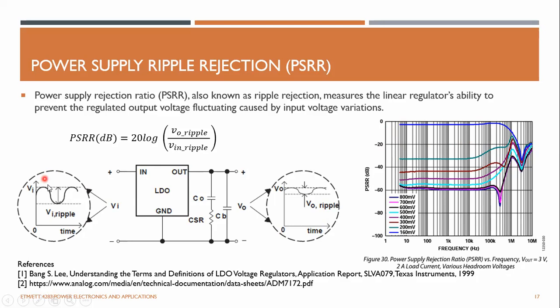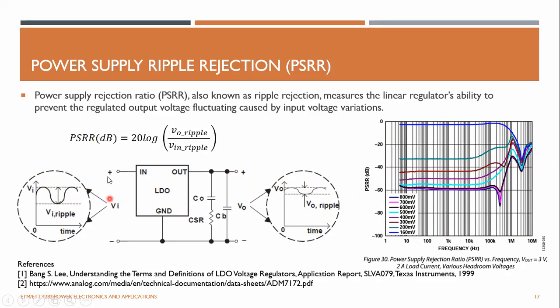Which means if you're getting noise at a frequency around 10 megahertz, the ripple rejection is very low, and you can still get some noise. But if your noise is in this region, you have high ripple rejection, which means you will get very low ripple, right? That is the concept of power supply ripple rejection.